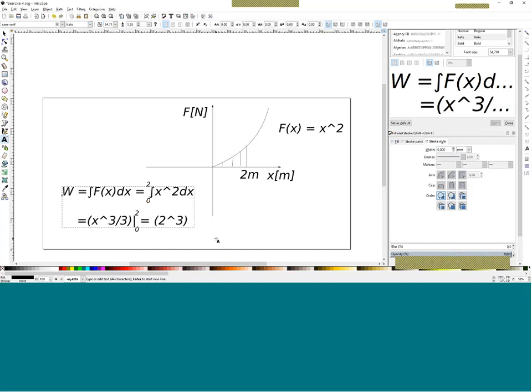We don't need to consider the 0, because 0 to the power of 3 is 0. So 2 cubed divided by 3 is equal to 8 over 3 joules.